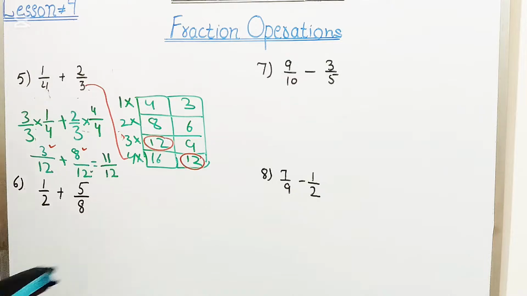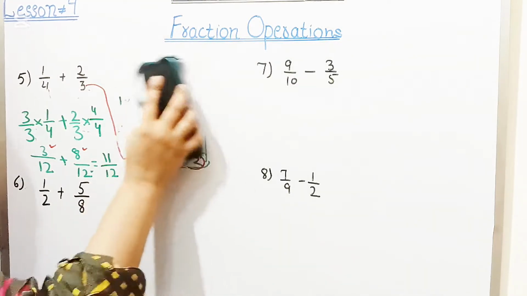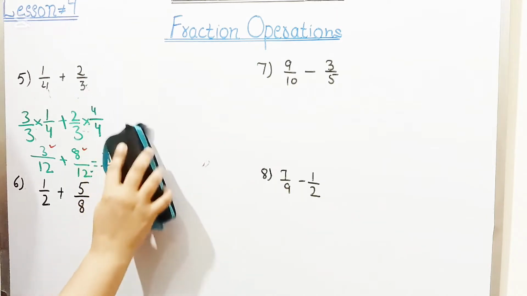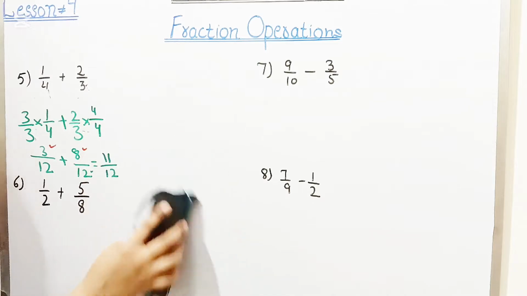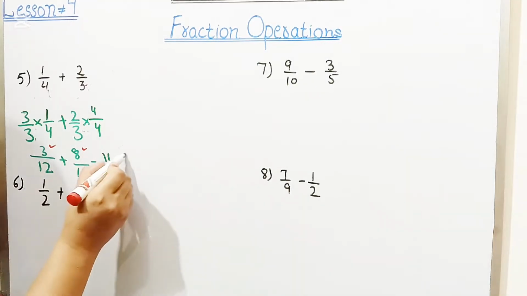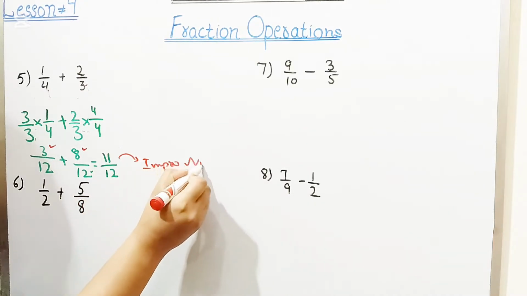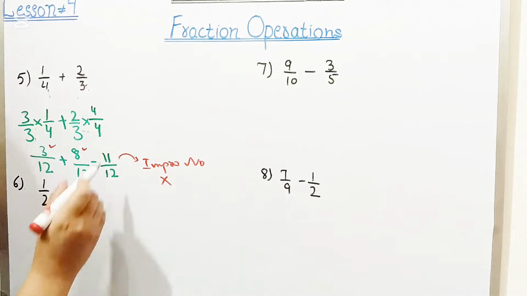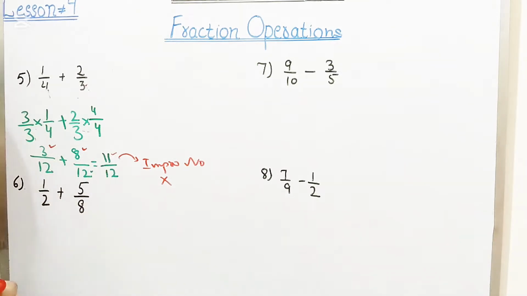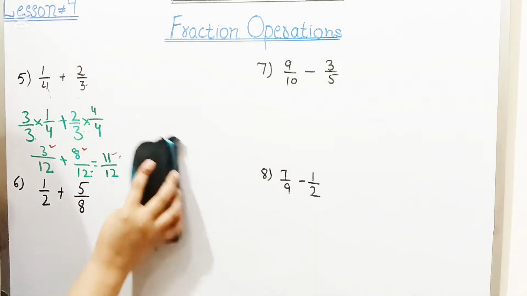Can we convert it into an improper fraction or mixed number? No. Why? Because the numerator is less than the denominator. So we write it as it is, 11/12.